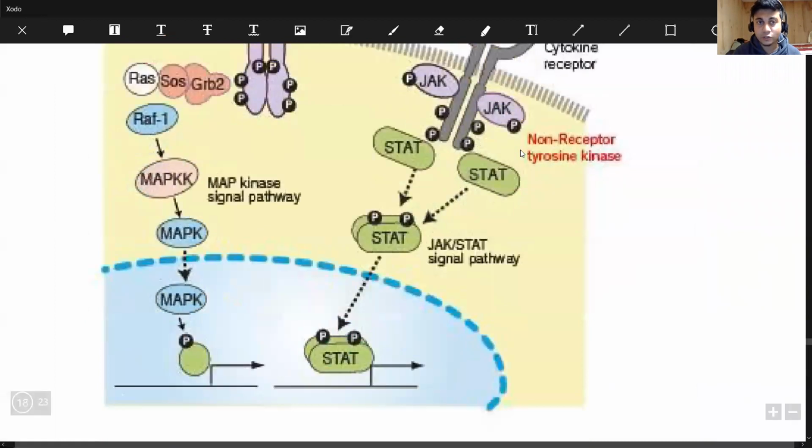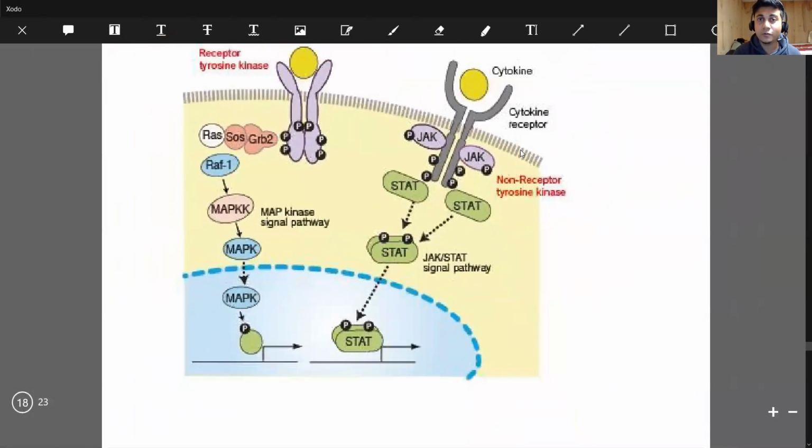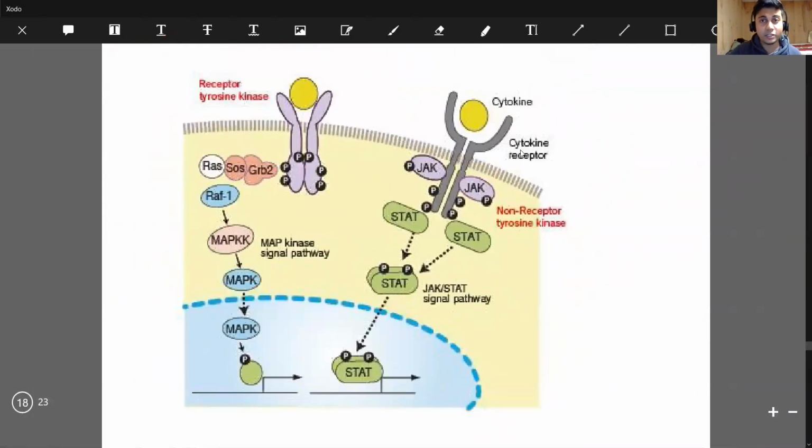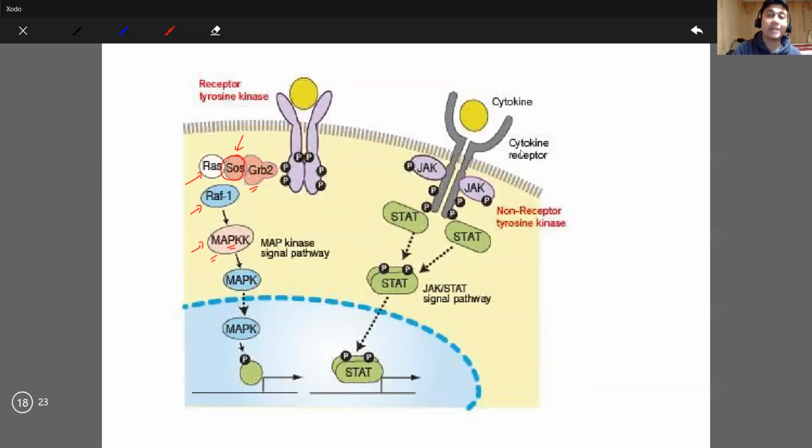And when they bind to these domains, they trigger other actions, like this GRB2 binds with son of sevenless protein, that binds with the RAS protein, RAS binds with RAF, which binds with MAP kinase activator protein, because this is called MAPKK. That means the protein that adds phosphate to the MAP kinase, or simply the protein that stimulates the MAP kinase. And eventually the MAP kinase is stimulated.